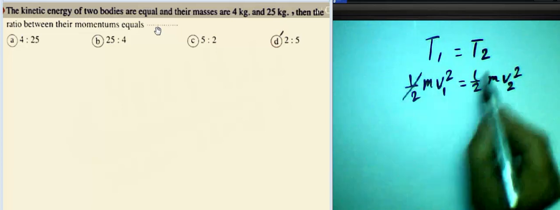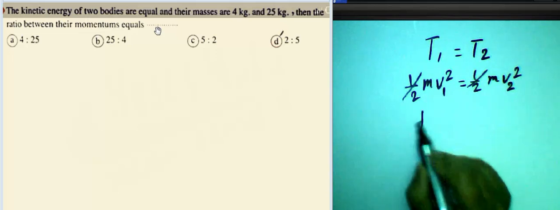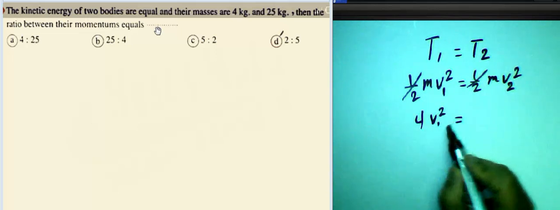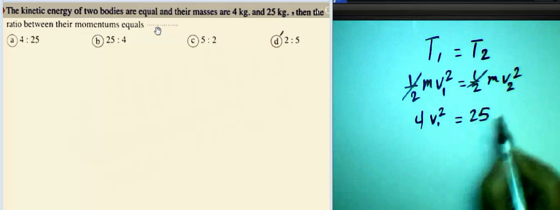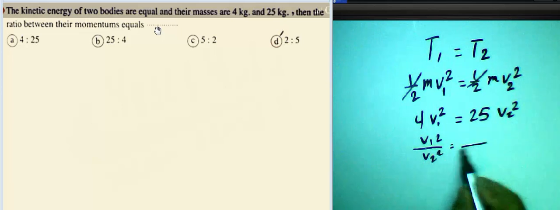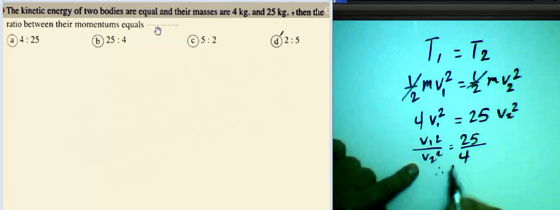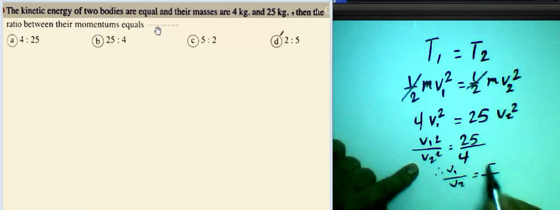We can cancel half by half. The mass of the first is 4 kilogram and the second is 25 kilogram. We can find the ratio between v1 and v2: v1 multiplication by 4 and v2 multiplication by 25. Then velocity 1 over velocity 2 equals 5 over 2.